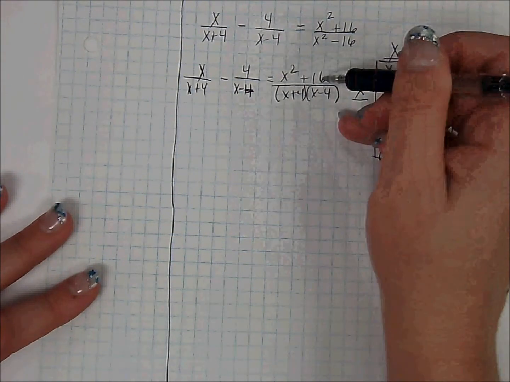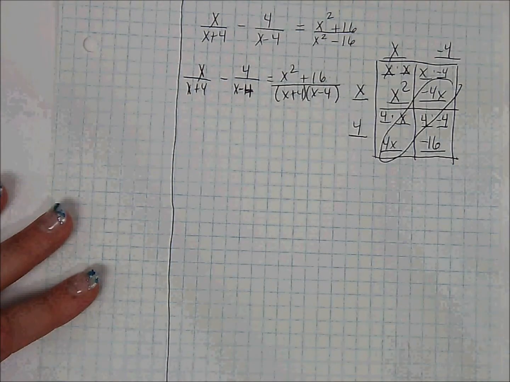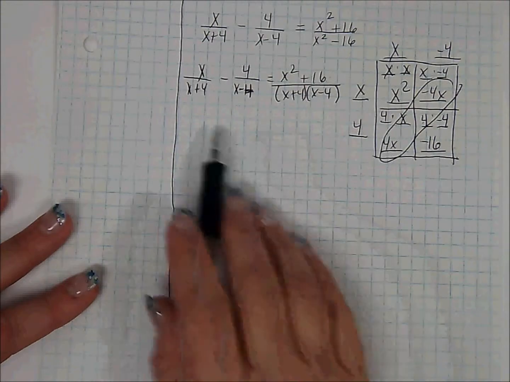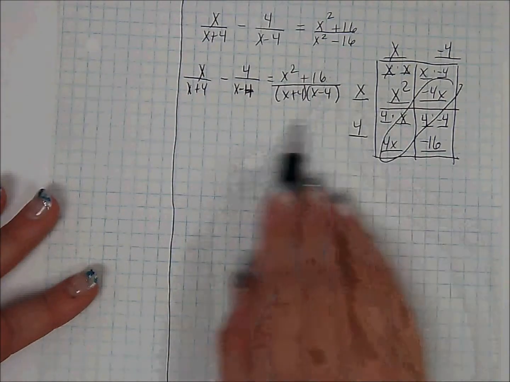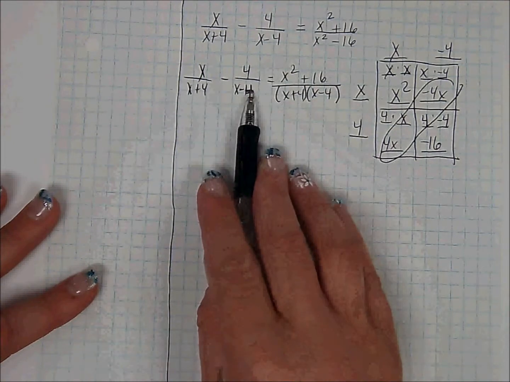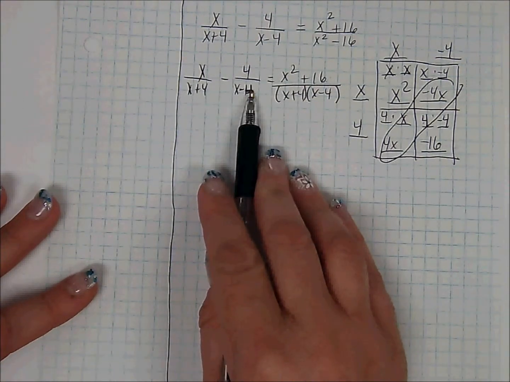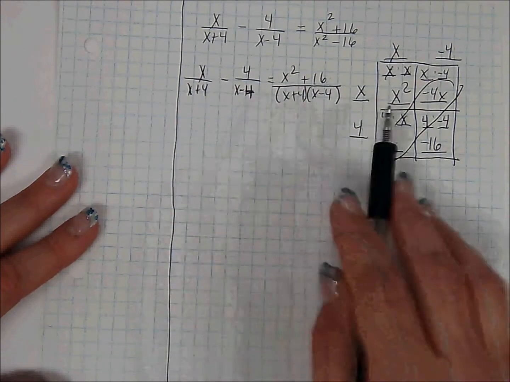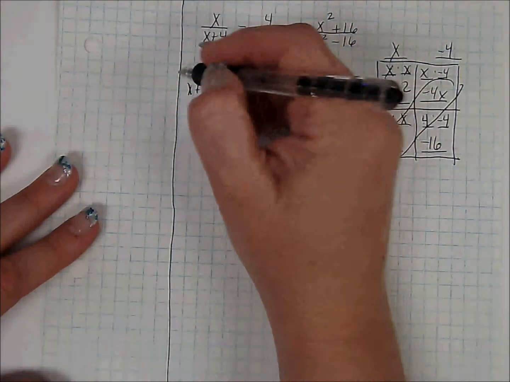When you think about difference of two squares, it's got two squares, but it's an addition. It's not a difference. So now it's going to be a little easier to multiply. My common denominator is going to be x plus 4 times x minus 4. So now I'm looking good.